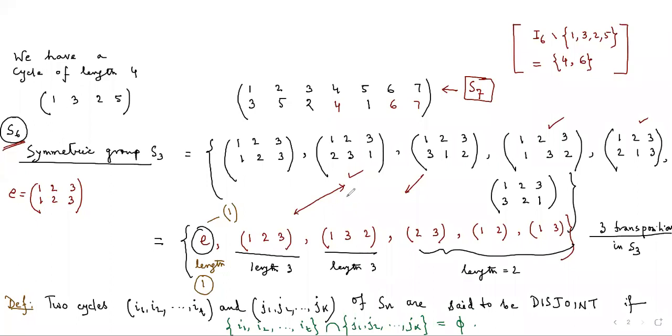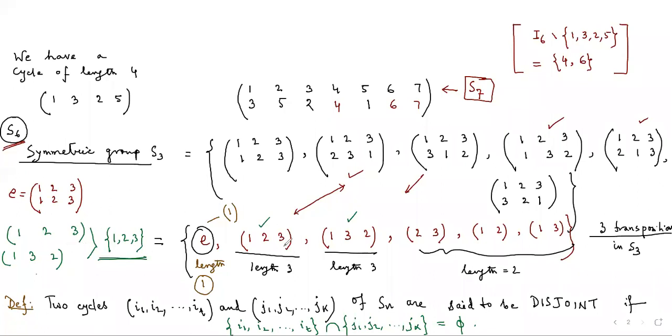Now let us look at this. Both of these cycles are of length 3. Say for example, I am considering (1 2 3), a cycle from S3, and (1 3 2), another cycle from S3. But if you carefully look at this, the elements of the cycles consist of the set {1, 2, 3} only for both of these cases.